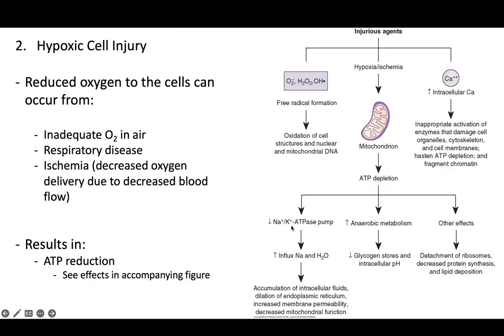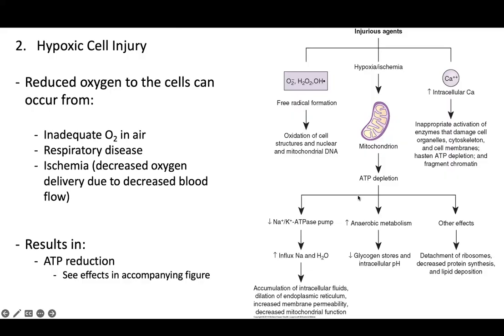The sodium levels on the inside versus the outside of the cell are all going to get out of whack, and the potassium levels are going to get out of whack. And there's going to be a massive influx and change in the amount of sodium and water that we have inside of our cell. This is going to cause the cell to swell. It's going to cause the cell to eventually, if the agent isn't removed, die.